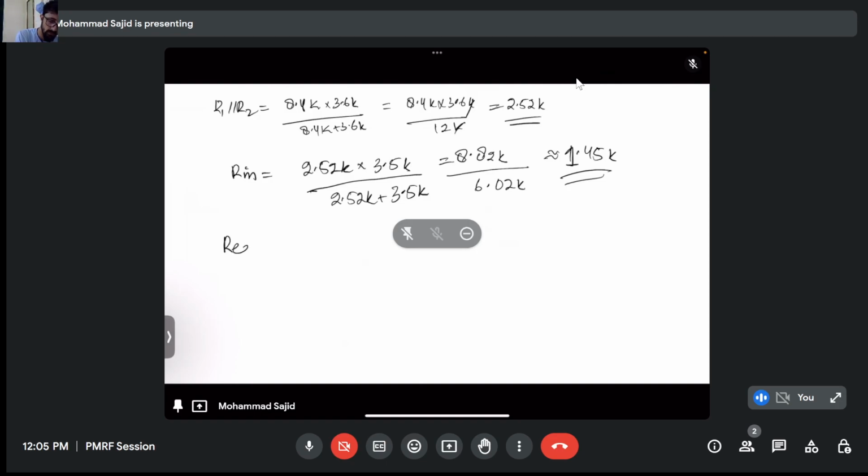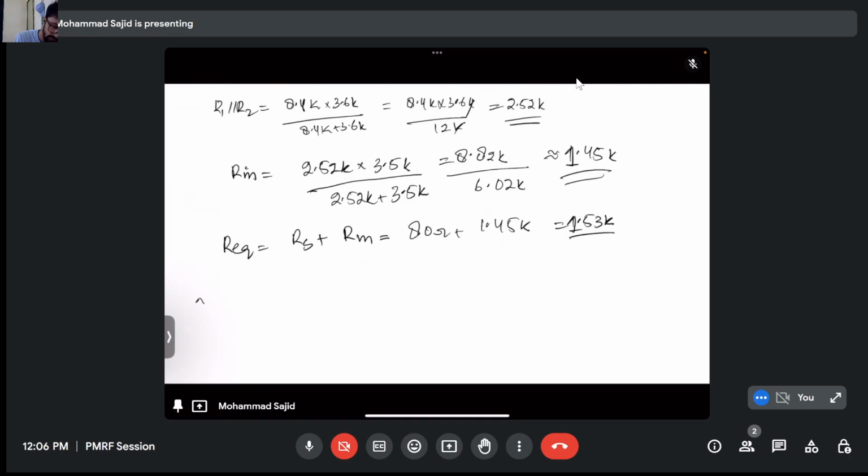Now R equivalent is, as I said, RS plus Rin. So RS is given to us as 80 ohm plus this 1.45K, so this will be 1.53K. Okay, so now we have our equivalent.